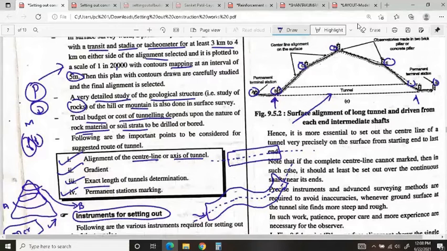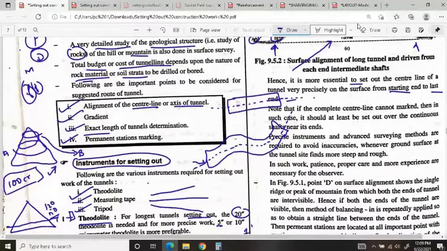And it is essential to set out the center line of a tunnel very precisely on the surface from the starting to the last point. For that, if the complete center line cannot be marked, then it should at least be set out over the continuous shaft near its ends. Precise instruments and advanced surveying methods are required to avoid inaccuracy whenever the ground surface at the tunnel site is found to be steep or rough.